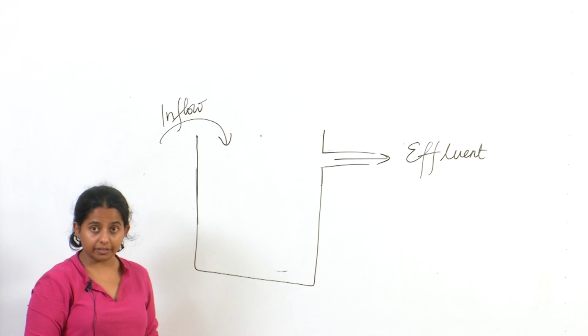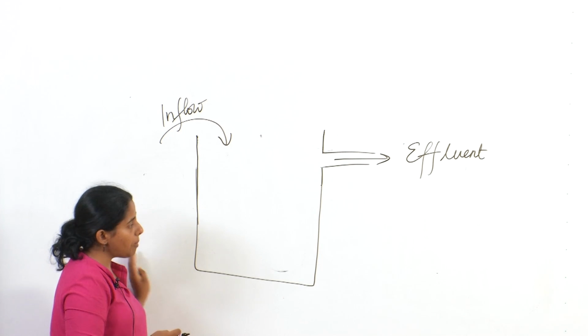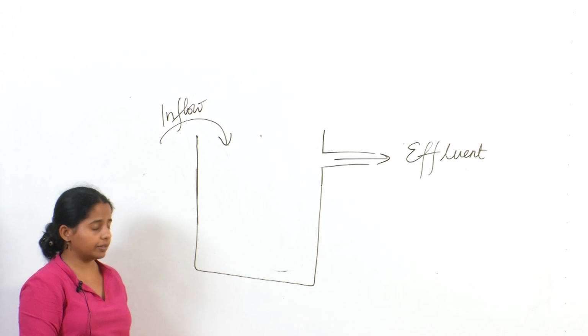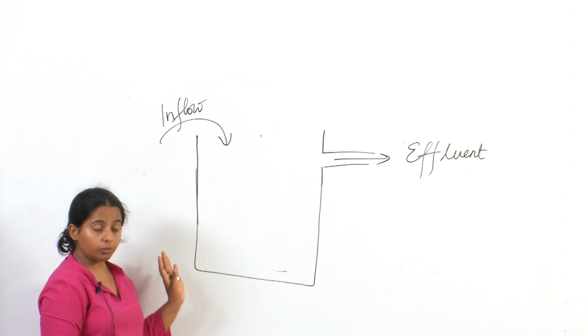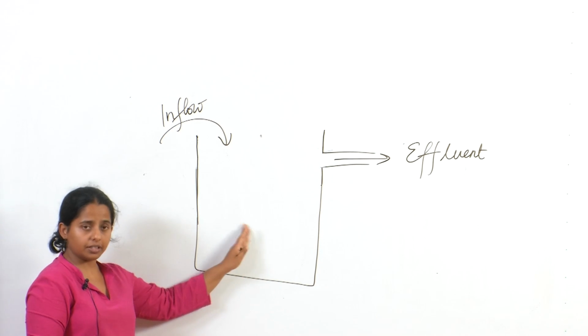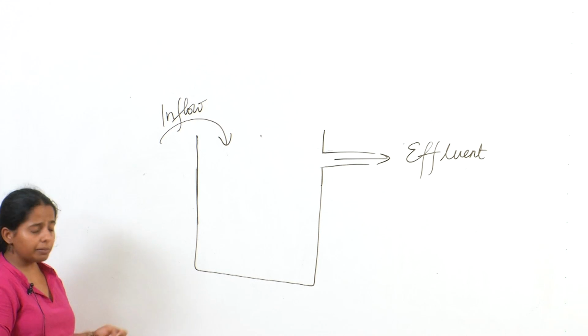It is a singular tank. So unlike PFR, when you have multiple tanks for different steps and the entire batch moves from one tank to another, much like the compartments of a train, in a sequencing batch reactor everything happens in a single tank.